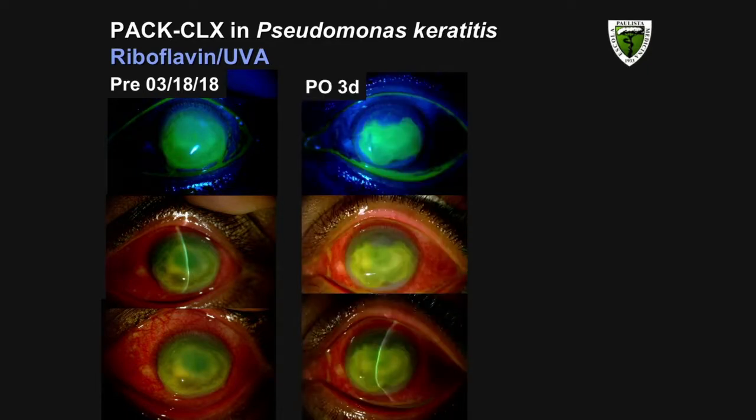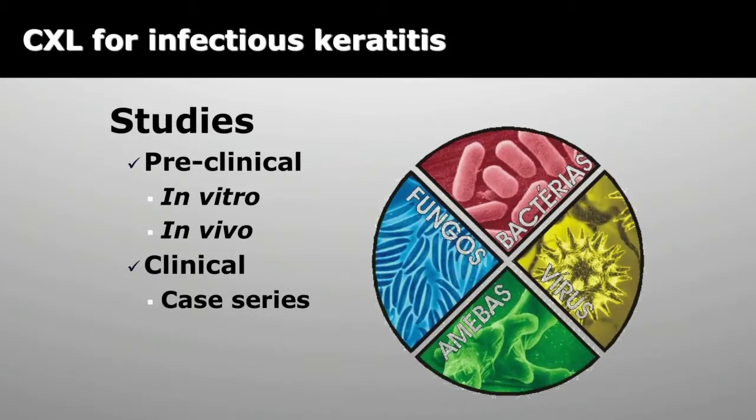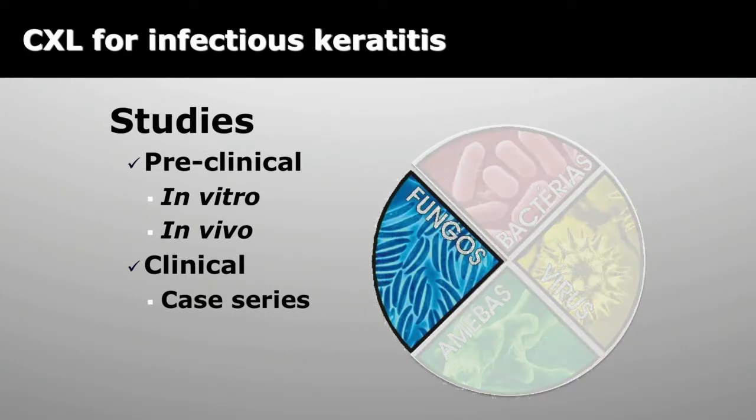This is one case of Pseudomonas keratitis that we had in our clinic at Paulista Medical School that resolved well after we started the cross-linking treatment. You can see here that after 2 to 3 weeks, we got a very nice result. Let's take a look now at fungal keratitis.